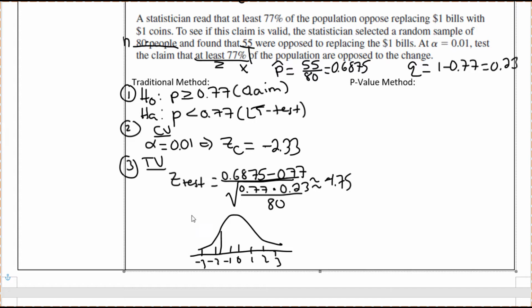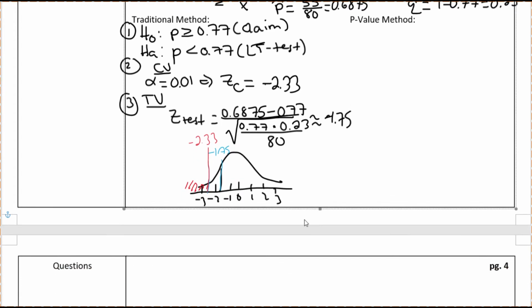Let me do it in a different color. And we're doing the critical in red. So that's a negative 2.33, and we're shading to the left of that, and that's the rejection region. So it seems like we're outside of the rejection region, so therefore we're going to fail to reject.